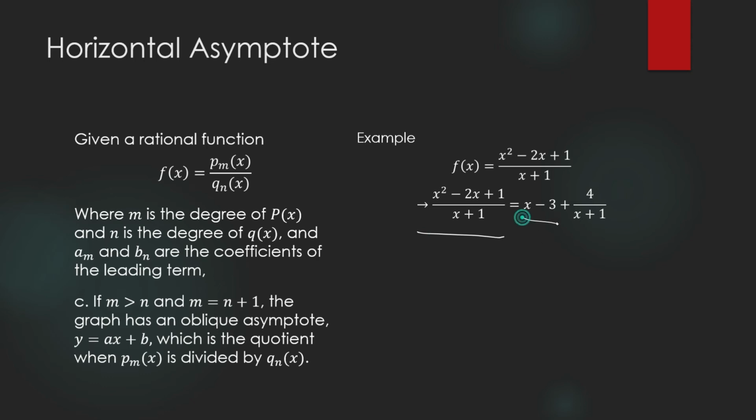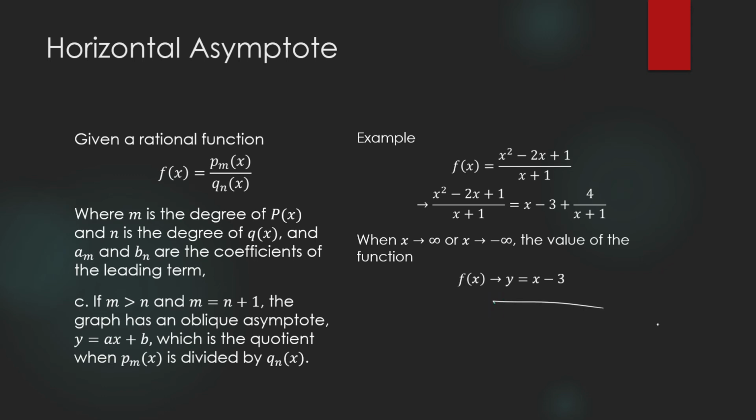This is the quotient plus the remainder, and this line. The line y is equal to x minus 3 defines the oblique asymptote of this function. So when x approaches infinity or negative infinity, the value of your function will approach this line, y is equal to x minus 3.